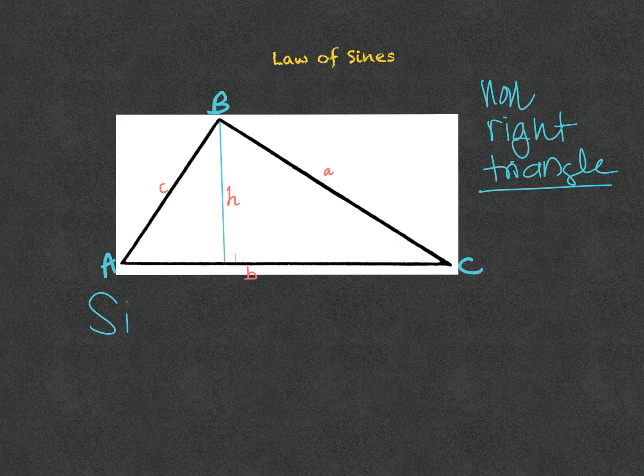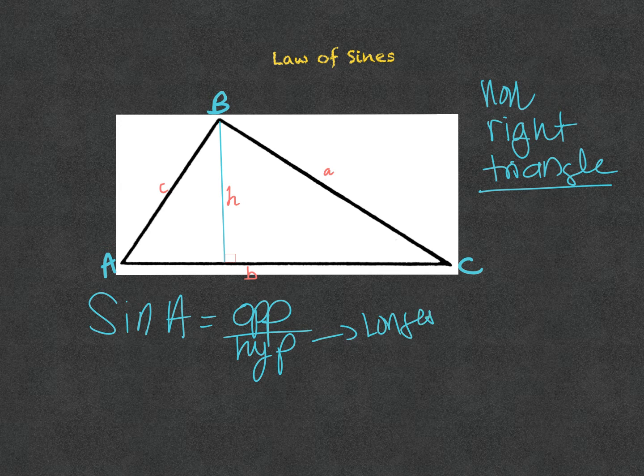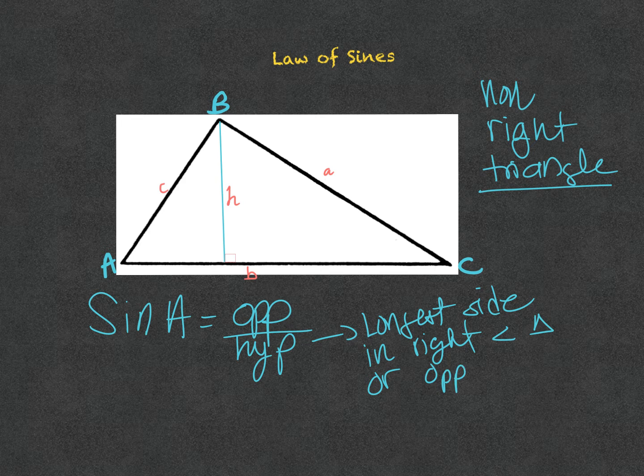So let's say the sine of angle A will always be my opposite side over my hypotenuse, right? Remember that the hypotenuse is the longest side in a right-angled triangle, okay? Or you can also say it's the side opposite the right angle, always.